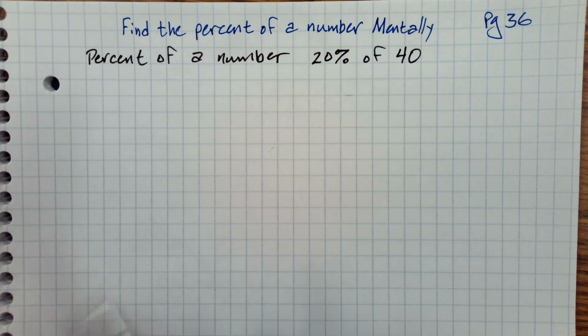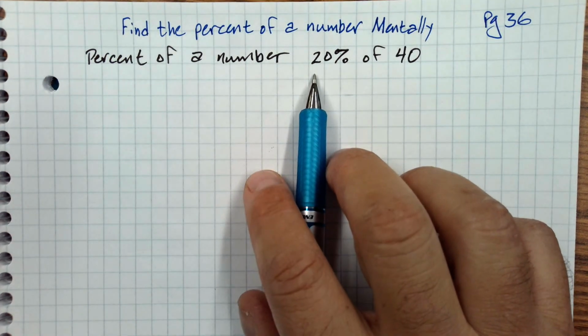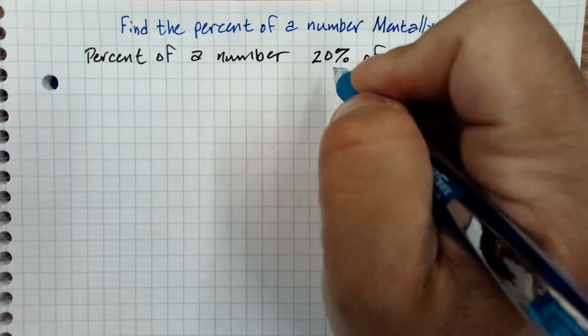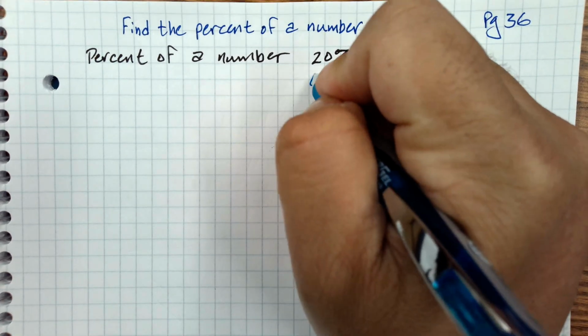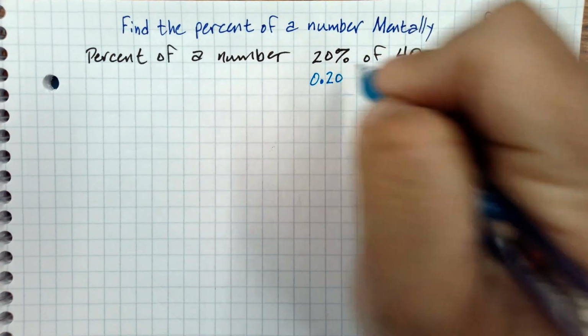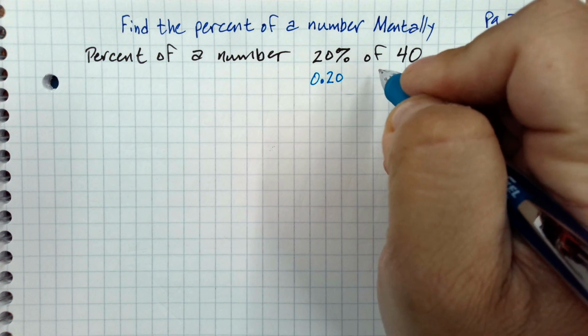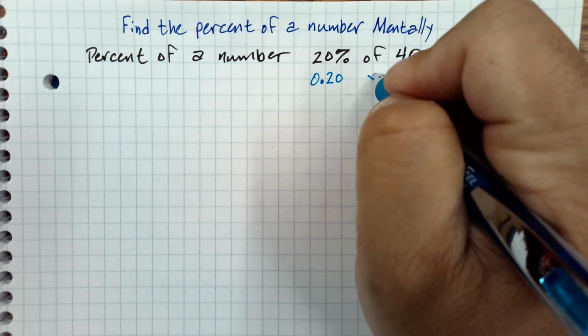Let's try this. Let's convert 20% to a decimal, 0.20, and then times it by 40. And then we use the word of to mean multiplication.